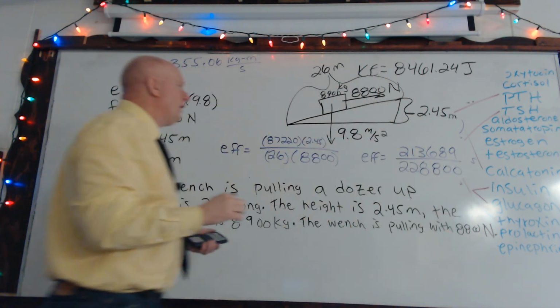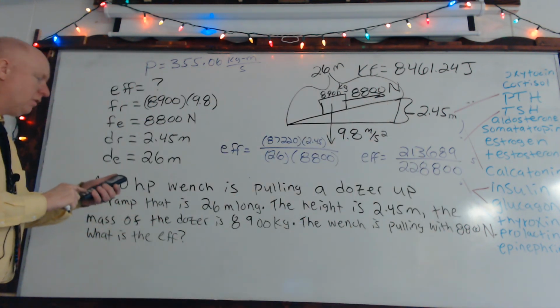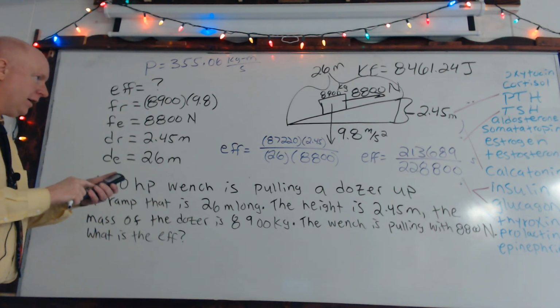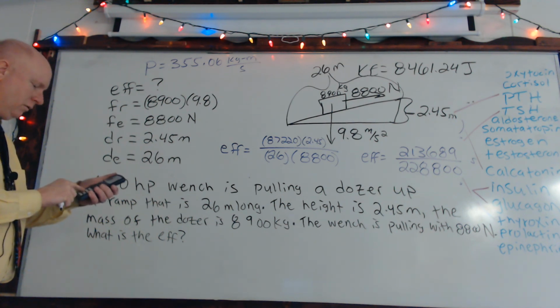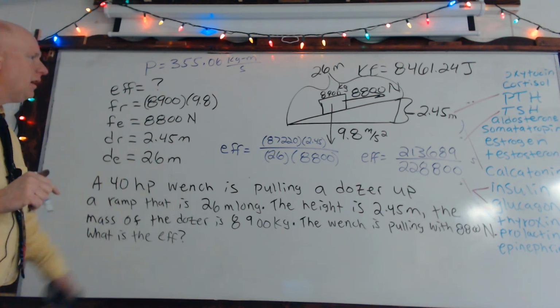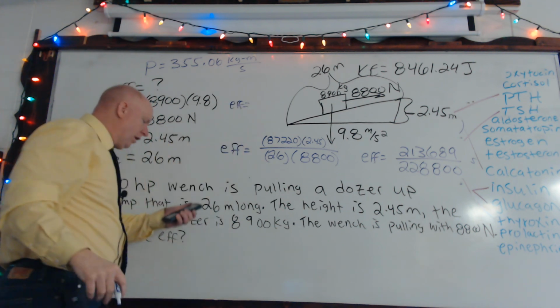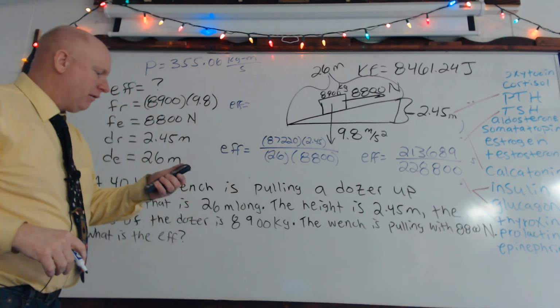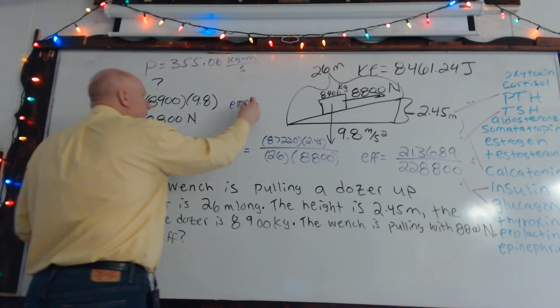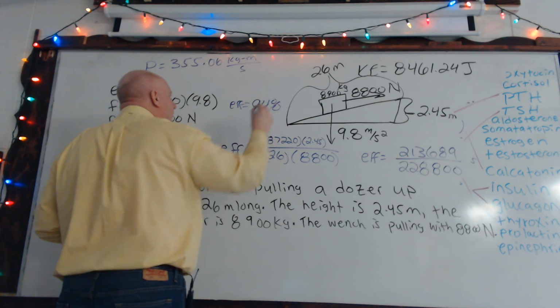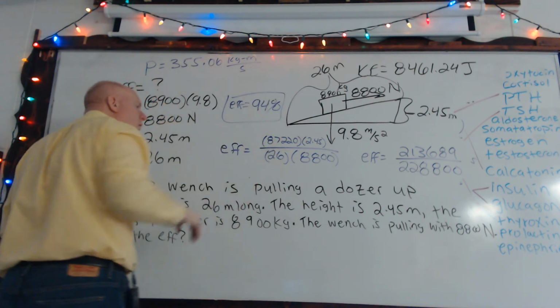Okay, we haven't quite solved for it yet, so 213,689 divided by 228,800 gives us about 94%. So efficiency, it's actually 0.93339. We're going to round that up to 94% efficient. That's what we're looking for, according to that ramp.